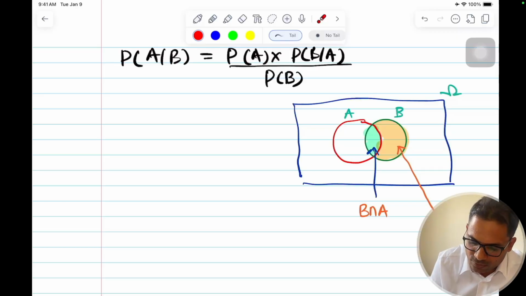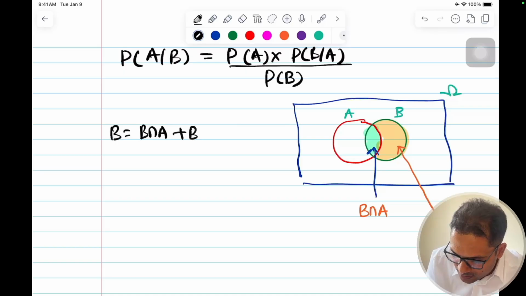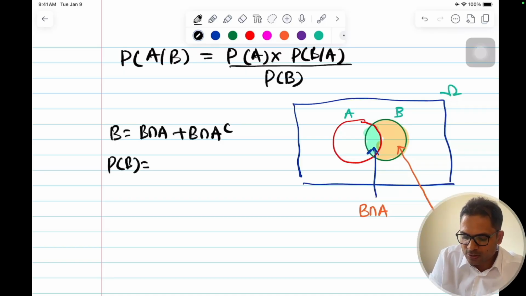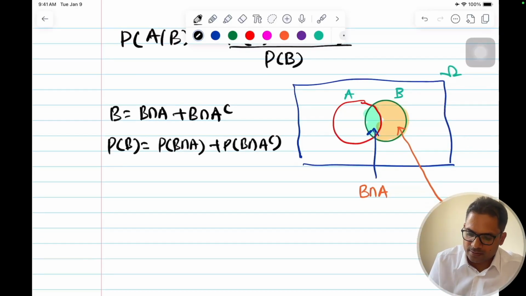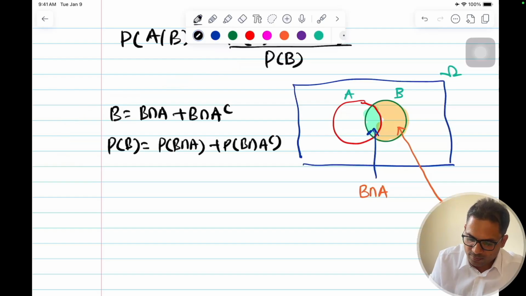So can we rewrite B now? Can we say that B is equal to B intersection A plus B intersection A complement? Can we say that probability of B is equal to probability of B intersection A plus probability of B intersection A complement? Now let's put this in this equation. So what does our equation become now?